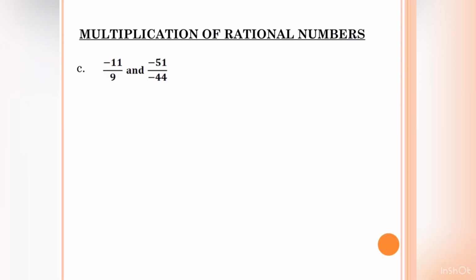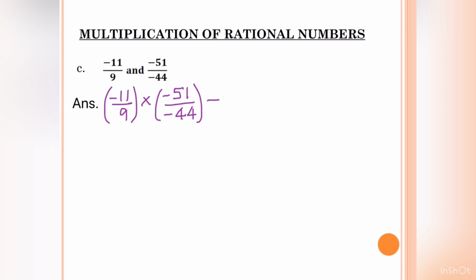Next question, multiply minus 11 by 9 and minus 51 by minus 44. Answer: minus 11 by 9 times minus 51 by minus 44.